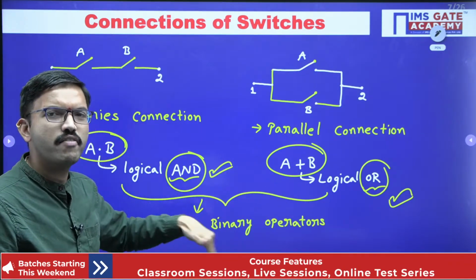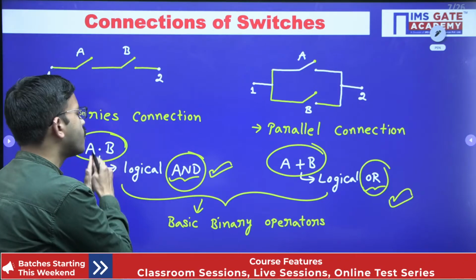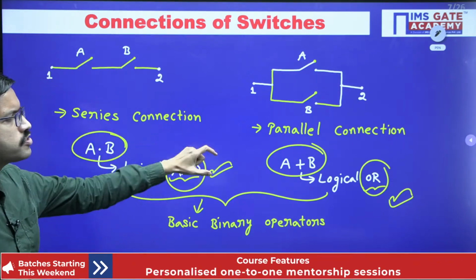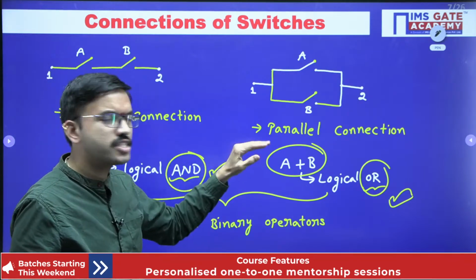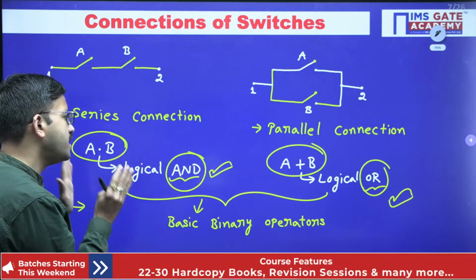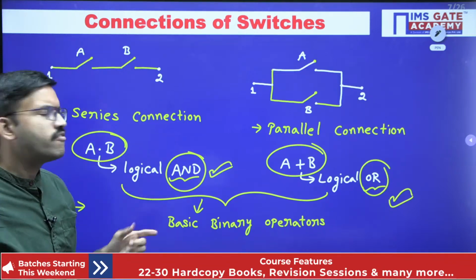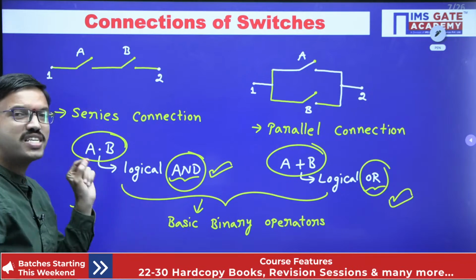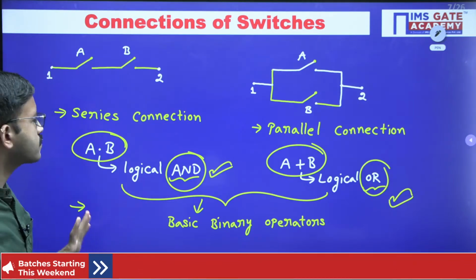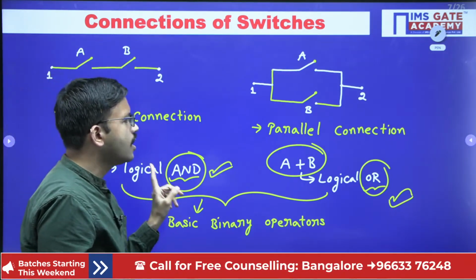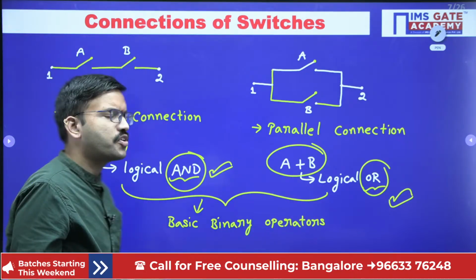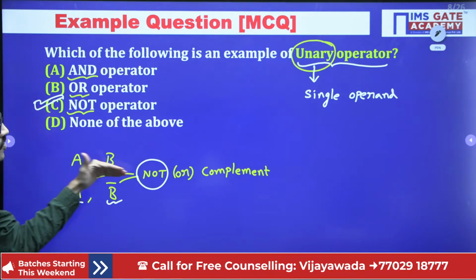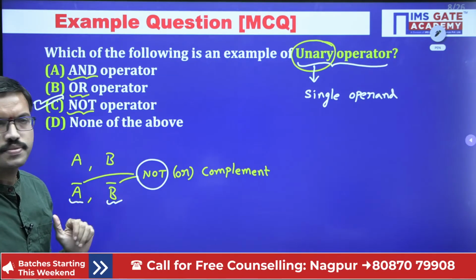Of course, there are other logical functions we can perform even on two variables; we will discuss those later, but currently I am dealing with the basics. Whenever you have a single variable, you may require the NOT gate or complement.